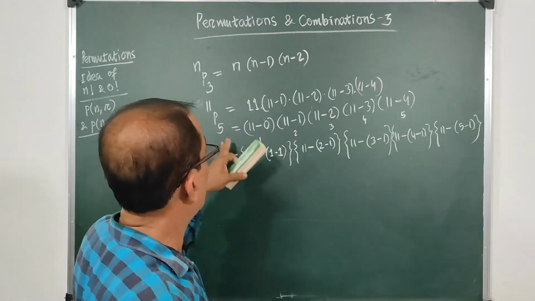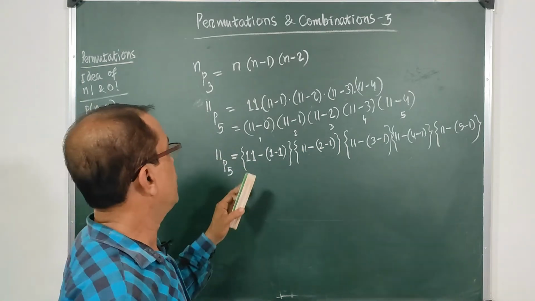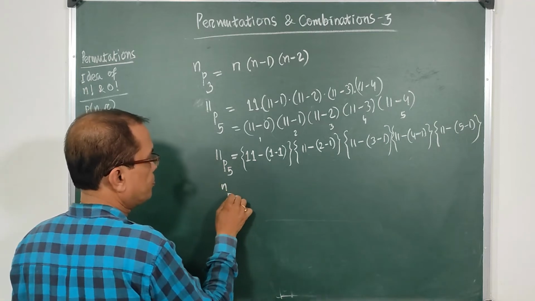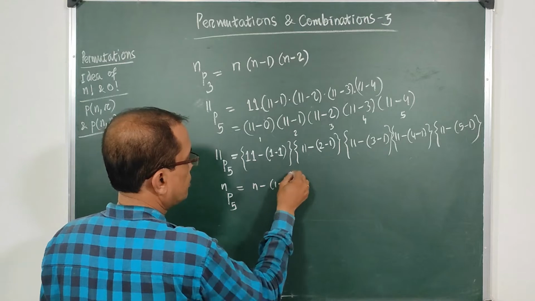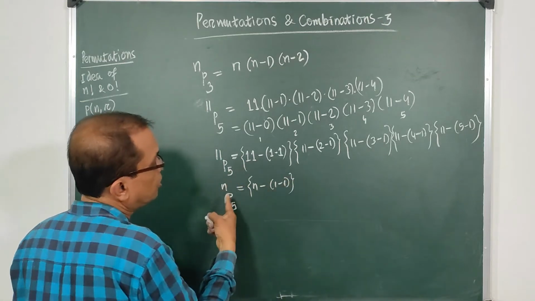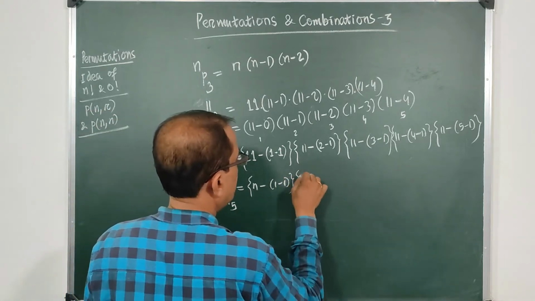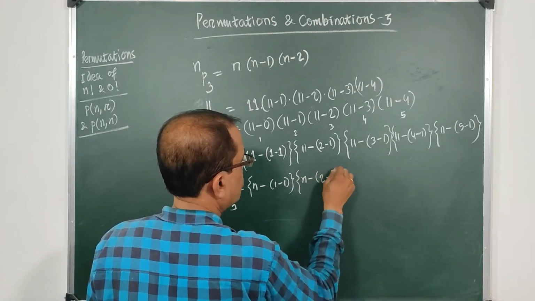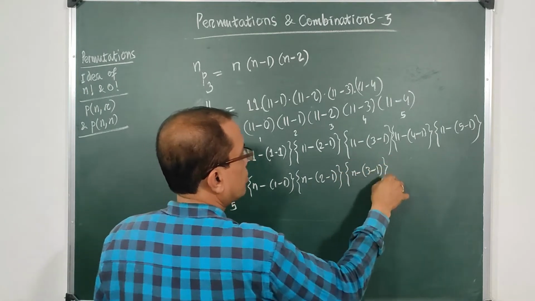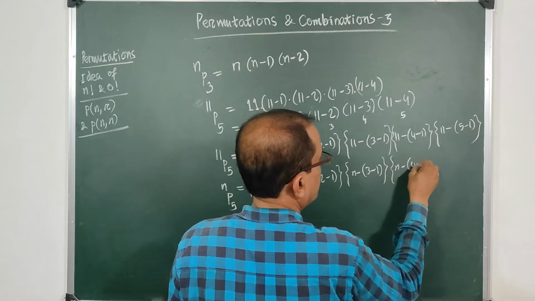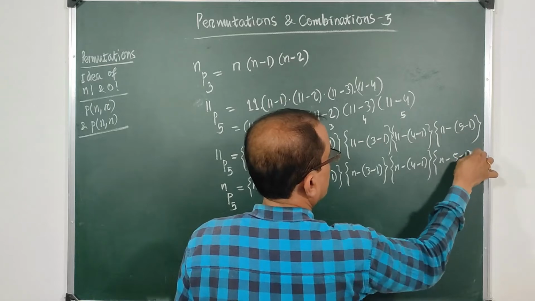So now we got a formula for 11P5, and now perhaps we can write the formula for nP5. The first one will be n minus 1 minus 1, similarly, because n is replacing 11, and the second will be n minus 2 minus 1, then n minus 3 minus 1, then n minus 4 minus 1, then n minus 5 minus 1.